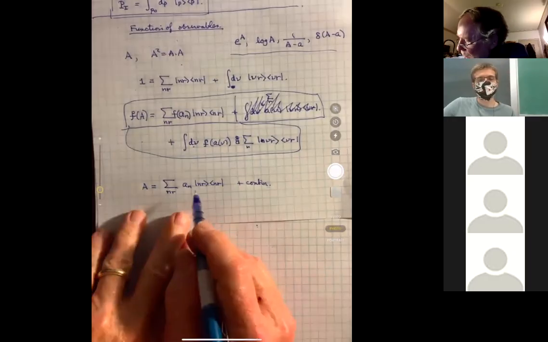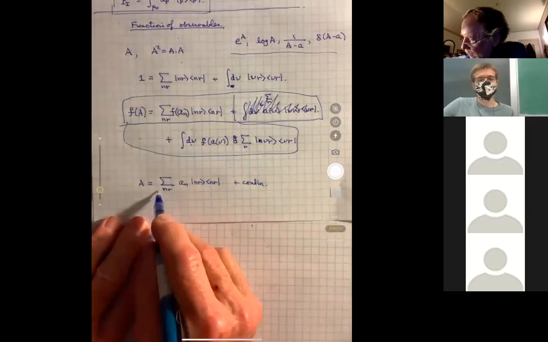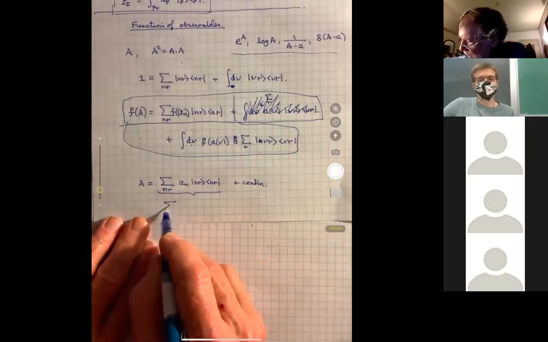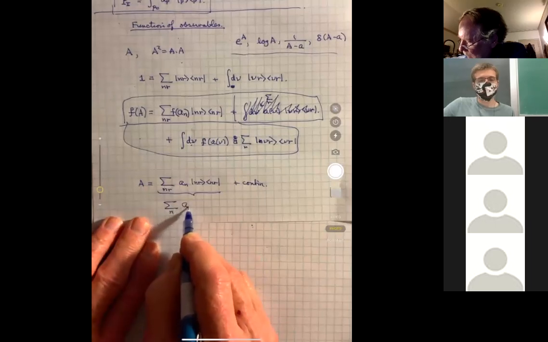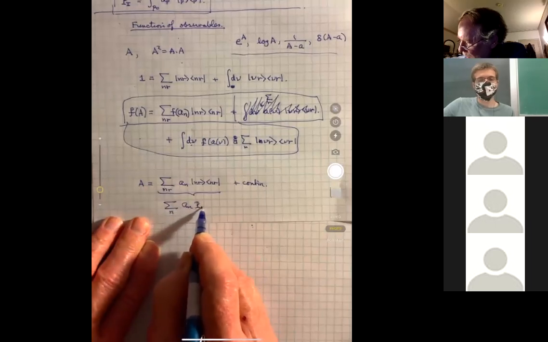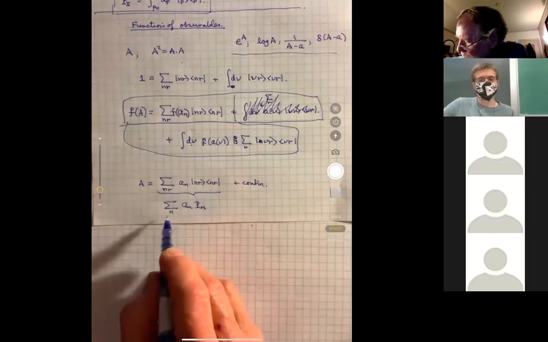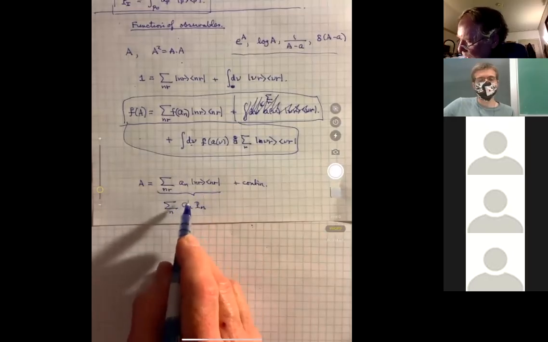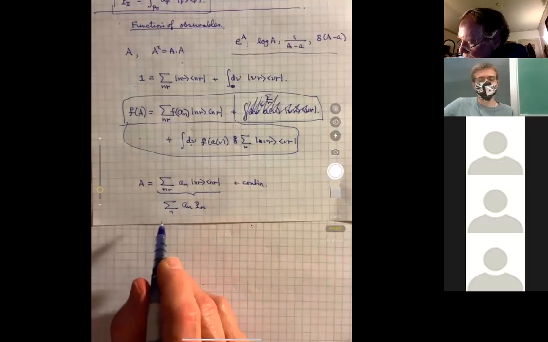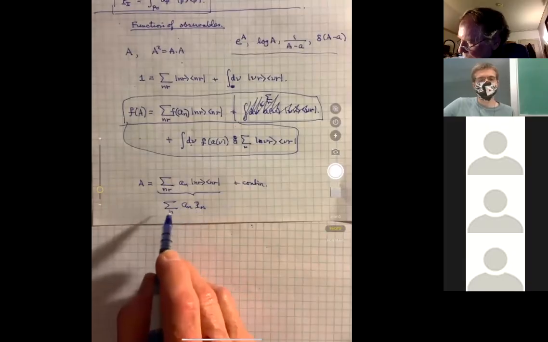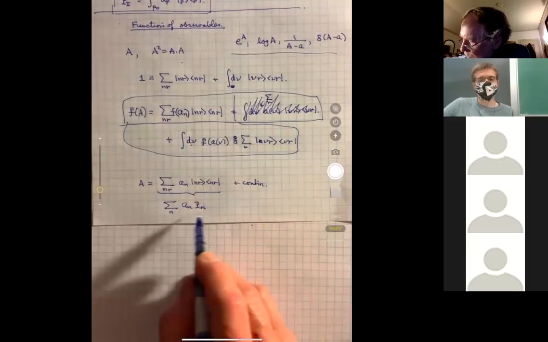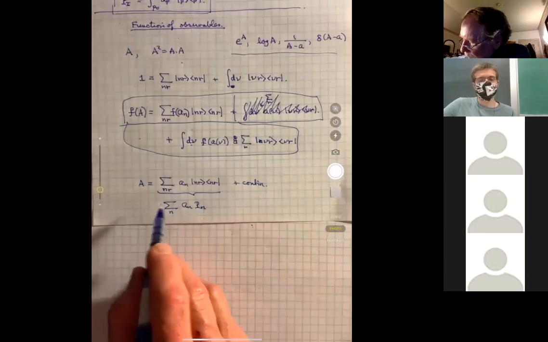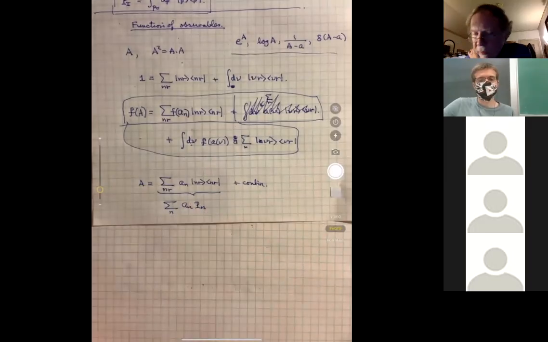In fact, this part can be rewritten as a sum on n of A sub n times the projector P_n onto the nth discrete eigenspace. In the case of the discrete spectrum, this term would be all you'd have. The continuous spectrum can't be written in projectors in the same way, but this shows you what happens in the discrete spectrum.